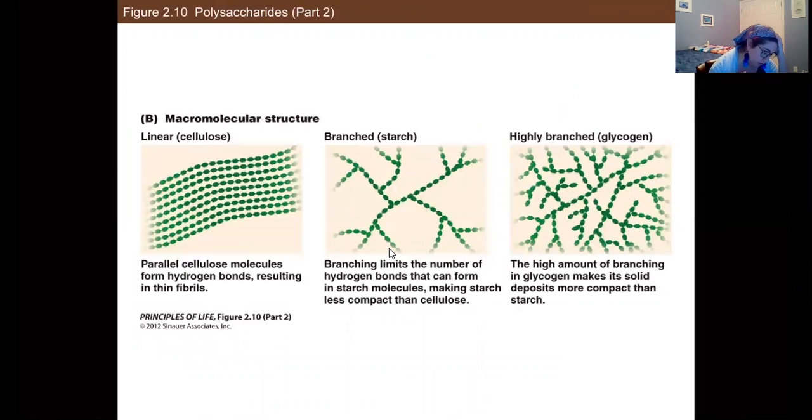So here is the images of the different polysaccharides. You have cellulose, which is very linear. And what they've done is they've just kind of drawn this generic hexagon shape to represent the polysaccharides. So they've simplified it even more. And so that's what this is here.